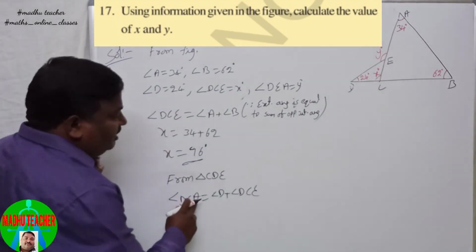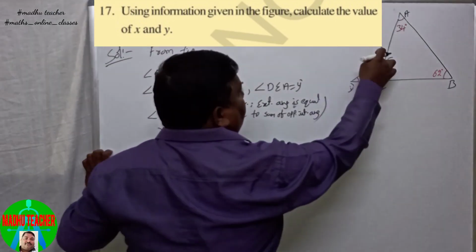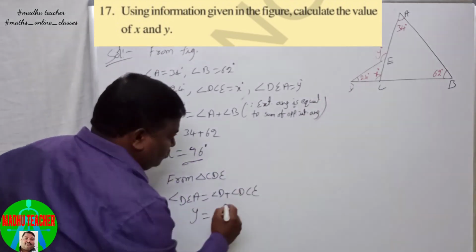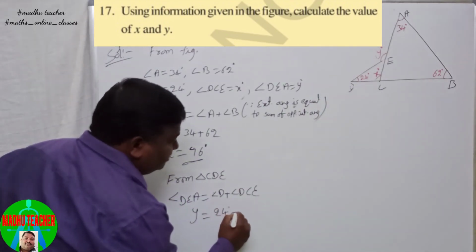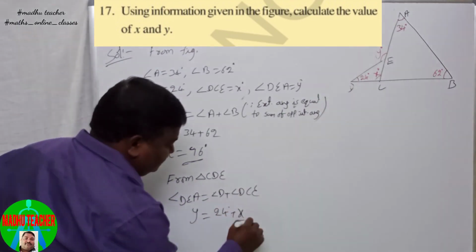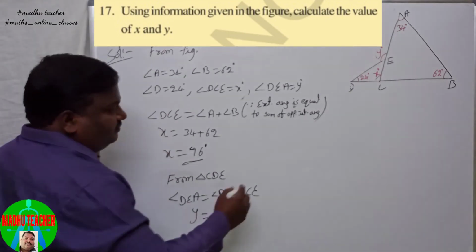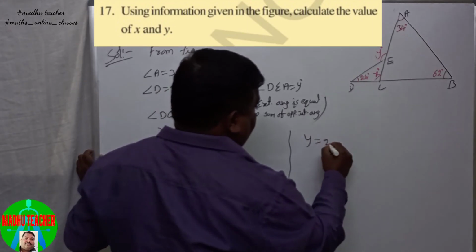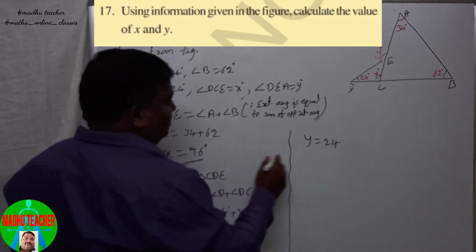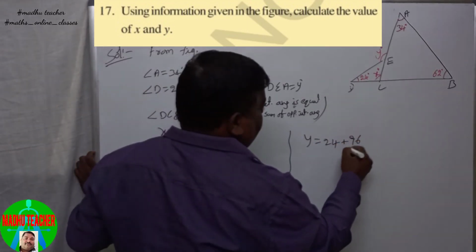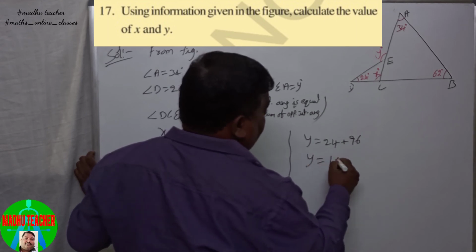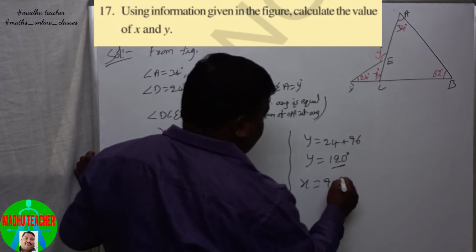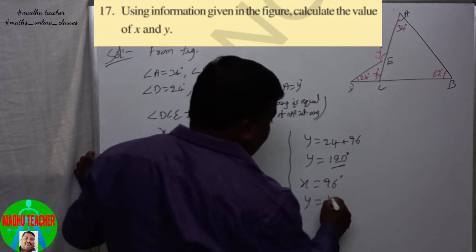So that is DEA y equal to angle D 24 degrees plus DCE x. So y equal to 24 plus, what is x? 96. So y equal to 120 degrees. So x equal to 96 degrees, y equal to 120 degrees.